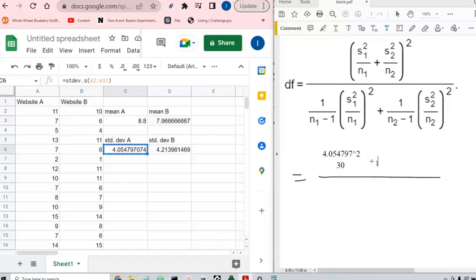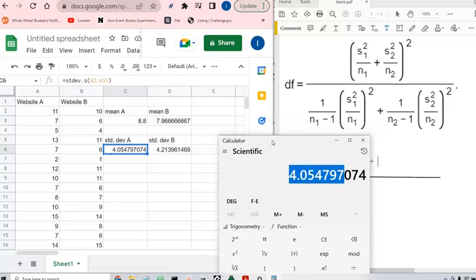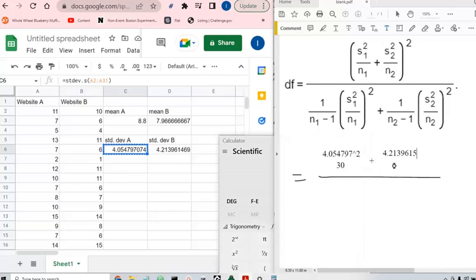And it's plus second standard deviation, it's going to be squared. That's again divide by 30. So we're going to divide those, figure out that numerator, and then we got to square the numerator.